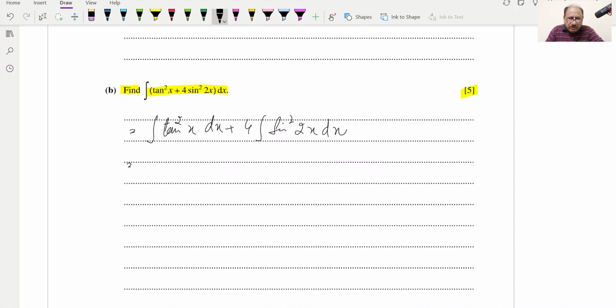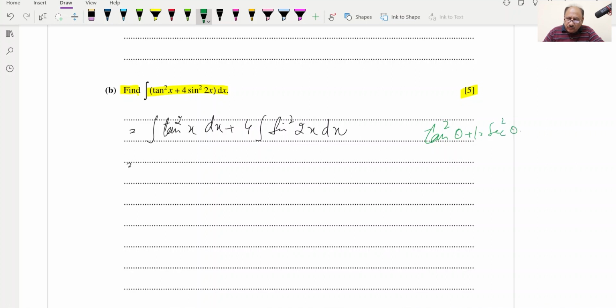For tan square x we know it is equal to secant square x minus 1, because 1 plus tan square theta is equal to secant square theta.